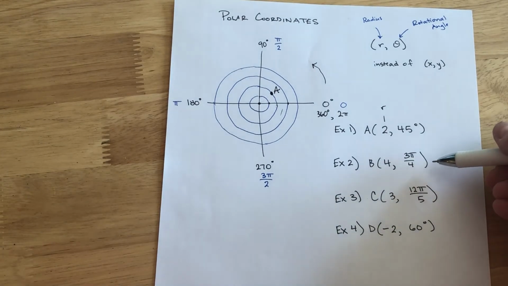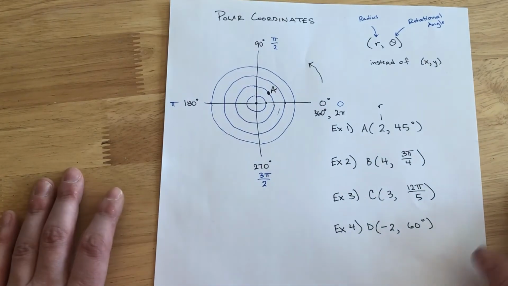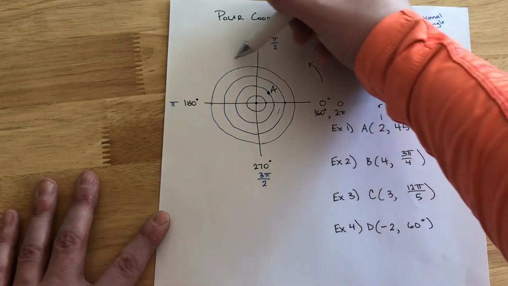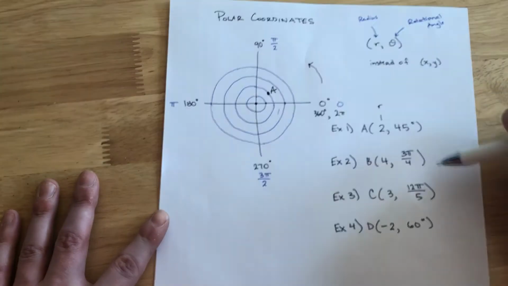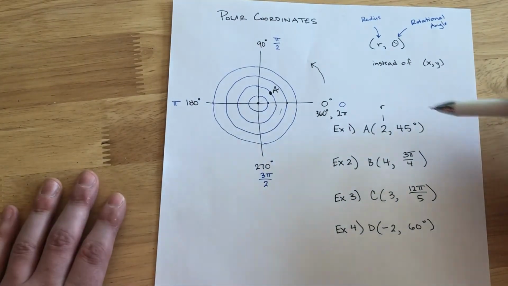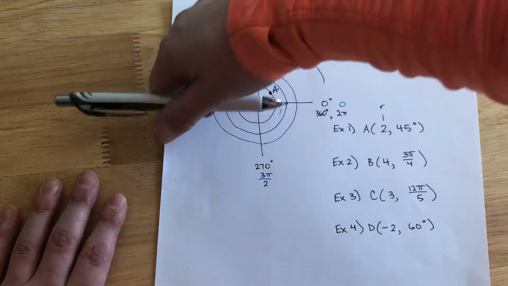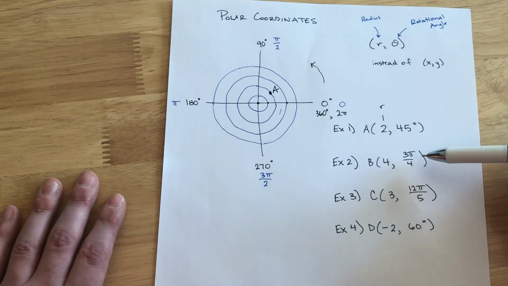Here on example 2, point B is located at 4, 3 pi over 4. So you will run into some radian angles on Delta Math. The 4 tells us that we're going to be somewhere on the 4th circle out. And our angle is 3 pi over 4. Well, if we know that rotating to 180 is 1 full pi, here we're looking at 3/4 of pi.